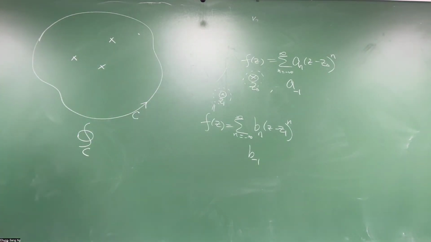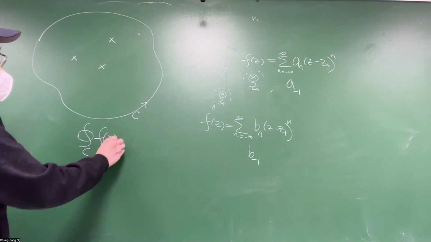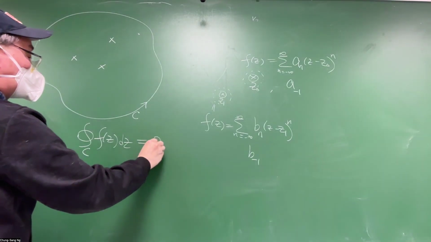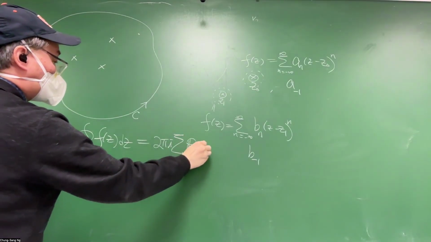The integral of f(z) dz equals 2 pi i times the sum over all the residues.